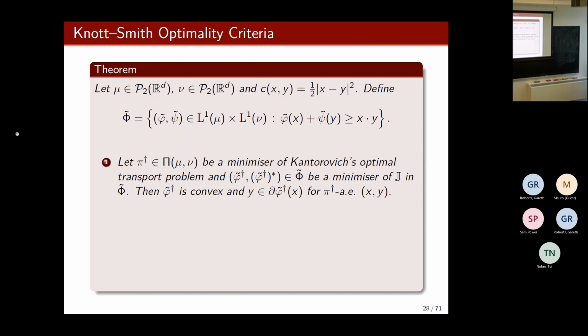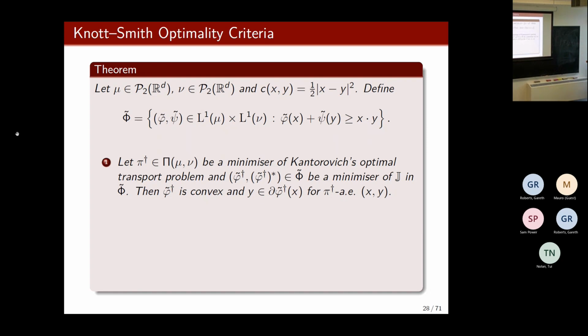So first of all, I let pi dagger be a minimizer of the Kantorovich form of optimal transport, a minimizer of J. I've skipped a step here where I should really say that for these psi tildes, instead of having the C transform, I can just replace this with the convex conjugate.